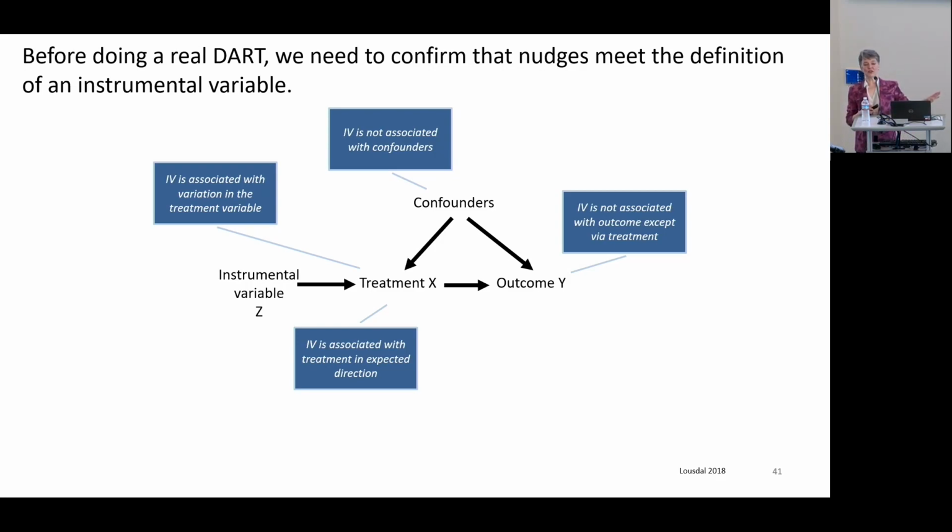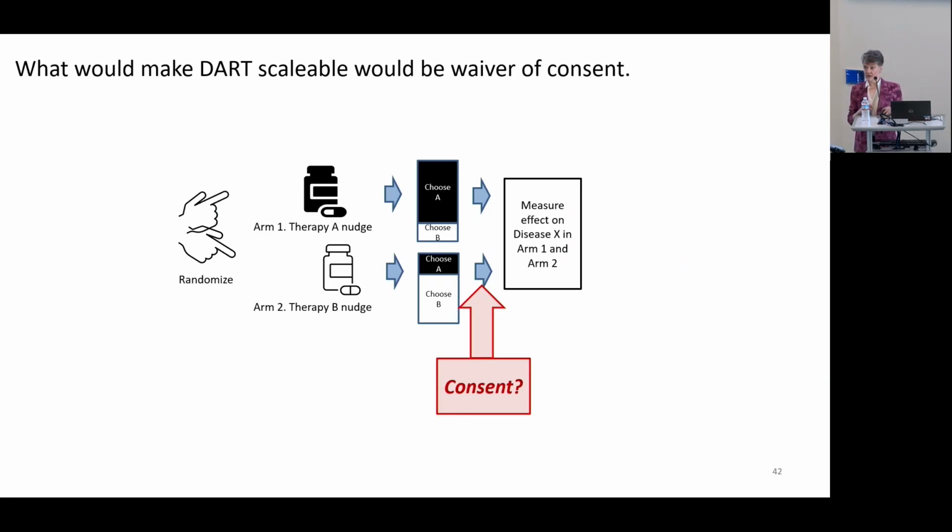So the first part of this grant is that we are doing a set of retrospective analyses from several existing nudges at Memorial Sloan Kettering to make sure they qualify. But the second part of the grant is the ethical part about consent. If these nudges are relatively unobtrusive, then the clinician is not necessarily going to stop and notice that they've been randomized.